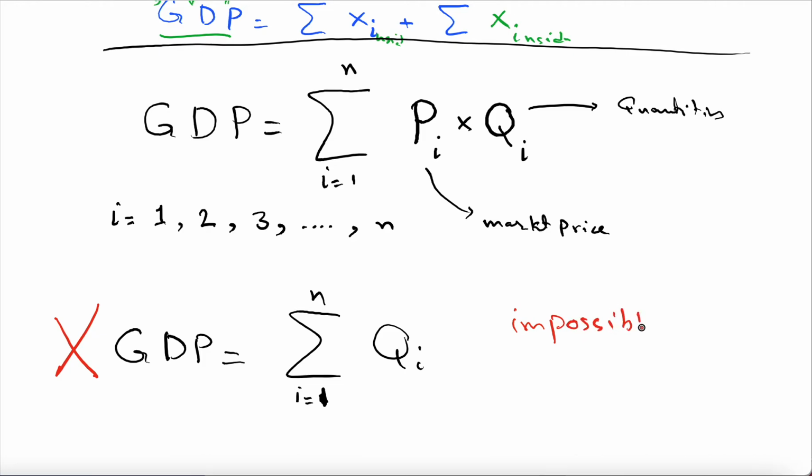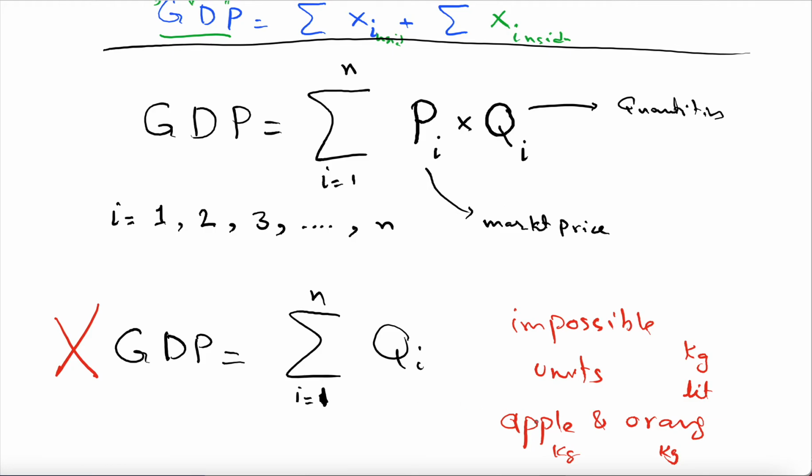The reason is that Q consists of rice, milk, oil, you name it, taxi, house. They have different units. Units are different. One is kilogram, another one is liter, and it's apple and orange. Even if both are measured by kg, they are different.